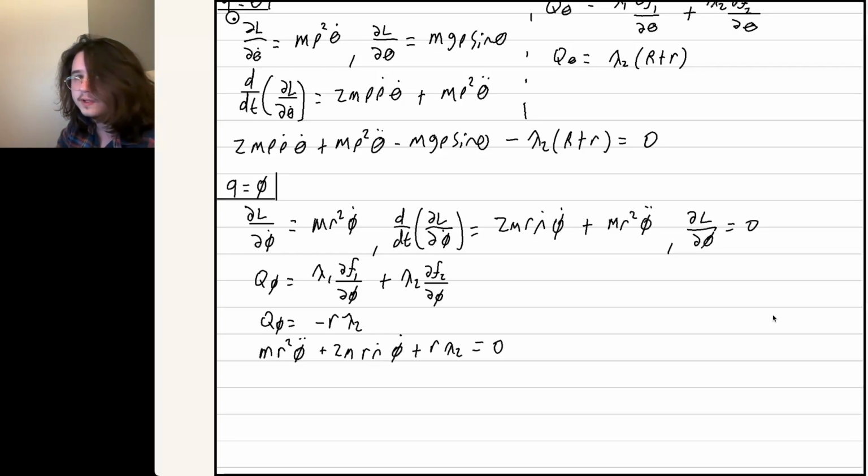Now we have our three equations of motion, and we're going to pretty much work backwards to try and find the actual value for lambda 1, and then use that to find the angle that the hoop falls off. This is where we can actually start applying our constraints throughout the problem.